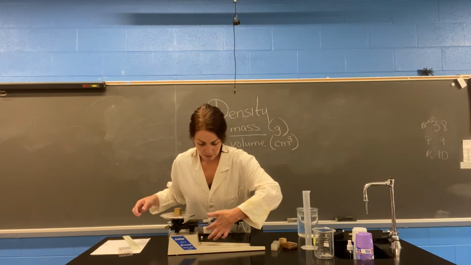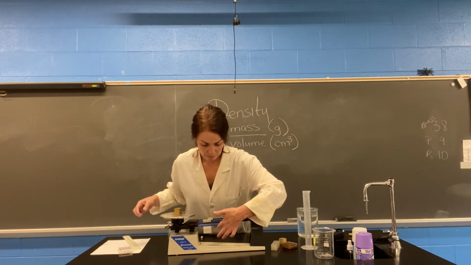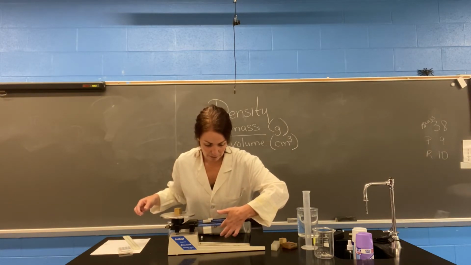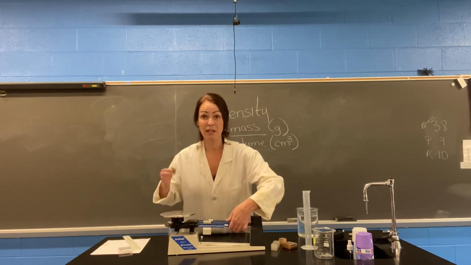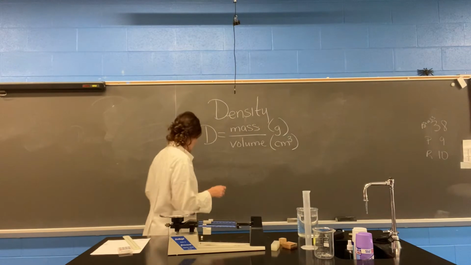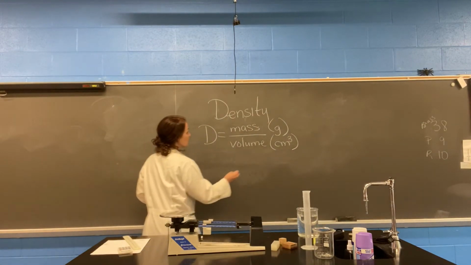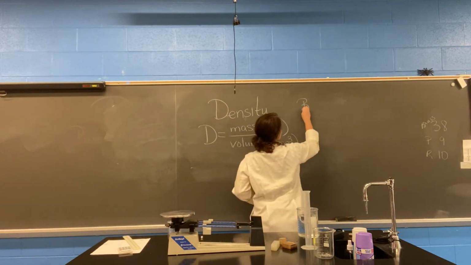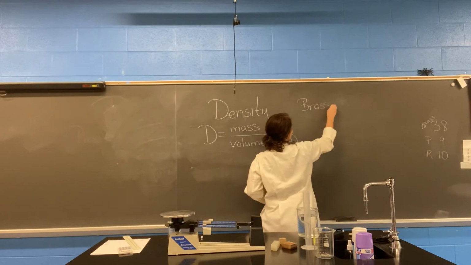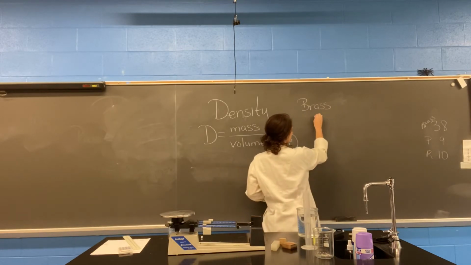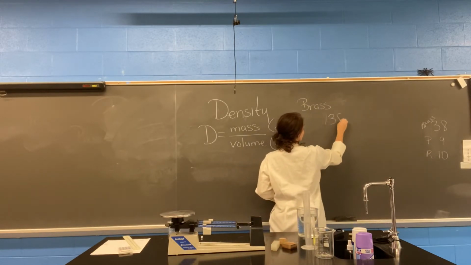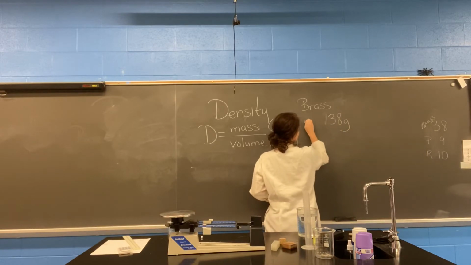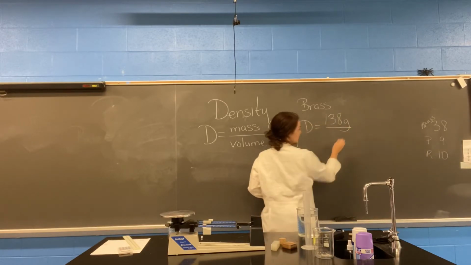And then we're going to be precise with that front smaller beam that measures in individual grams. And we get to 138 grams. So we're going to write that down. We're going to write that the brass block is 138 grams of mass.